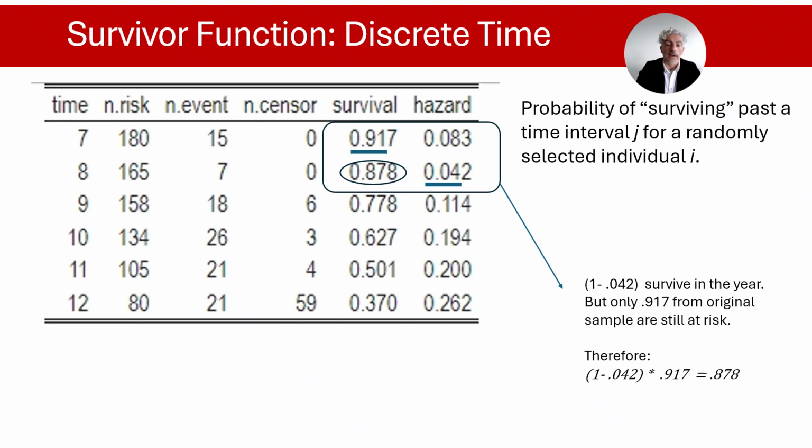But since the hazard is an indicator of occurrence of an event and the survivor function is an indicator of event non-occurrence, they are obviously linked.